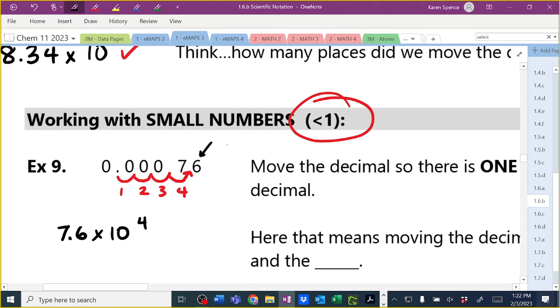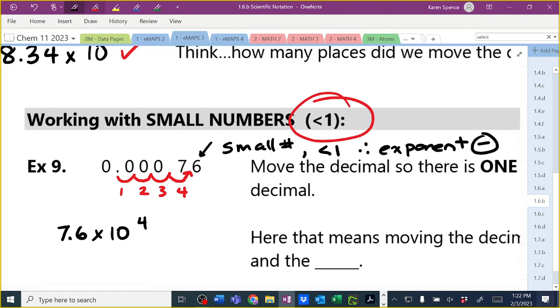However, this is a small number, yes? It is less than 1. Therefore, what should our exponent be? The exponent should be negative. So instead of just regular 4, we have to make it a negative 4.